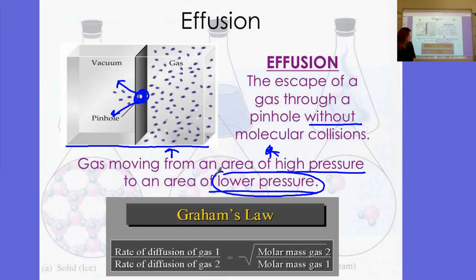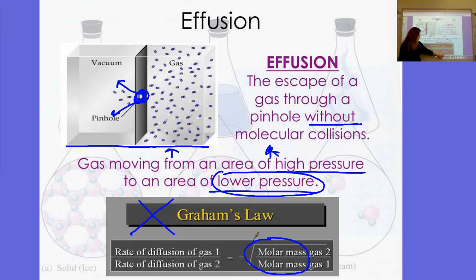There's an equation that you can use to calculate this, but we're not going to use this equation. That's an honors level thing. What we're going to say is that it has to do with the mass.